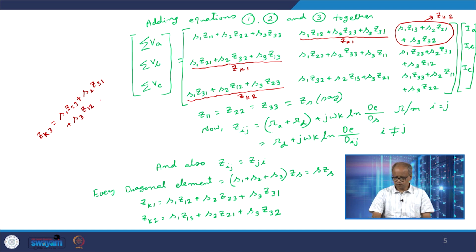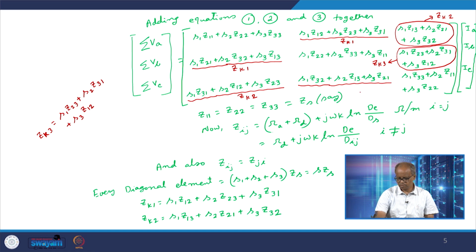S1 into Z23 is S1 into Z32, S2 into Z31 is S2 into Z13, and S3 into Z12 is S3 into Z12. So if I say that this is Zk3, this is also Zk3.